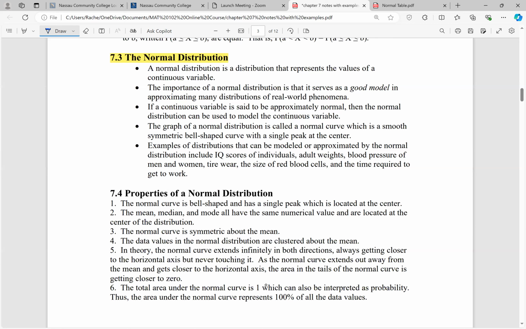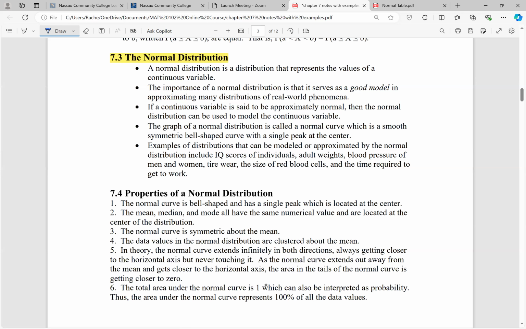In other words, many real-world variables follow a normal distribution. And if a continuous variable is said to be approximately normal, then we can use the normal distribution as a model for that continuous variable. And we said the graph of a normal distribution is a smooth, symmetric, bell-shaped curve with a single peak at the center.